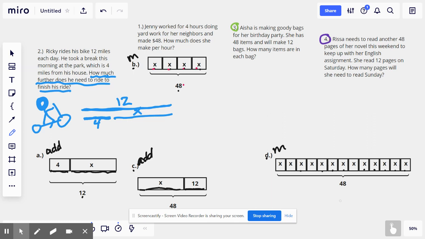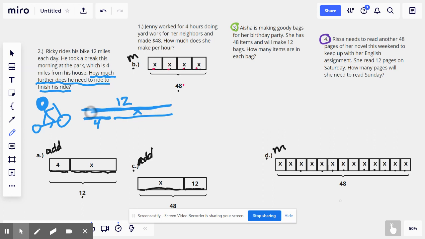When I look at D, I know that's not it, because that's multiplication, and we clearly have some kind of an addition problem here. But is it going to be A or C? I see a 4 and a 12 in both of those. Well, it comes down to what we're looking for. We know that 12 is the total.